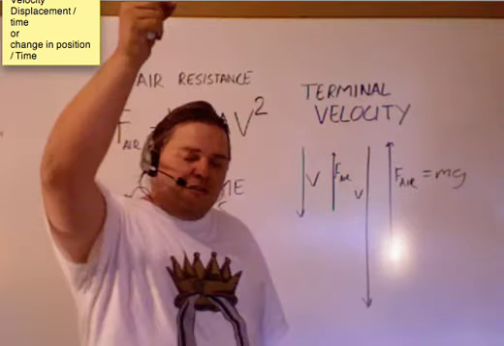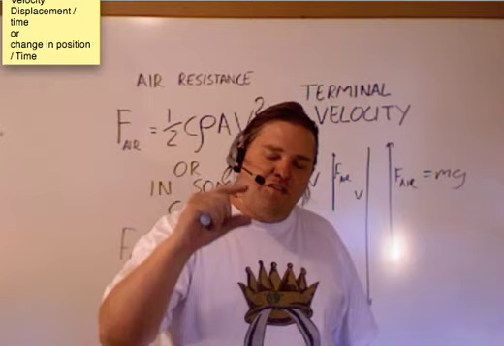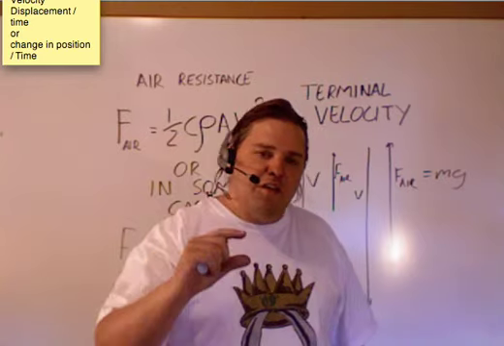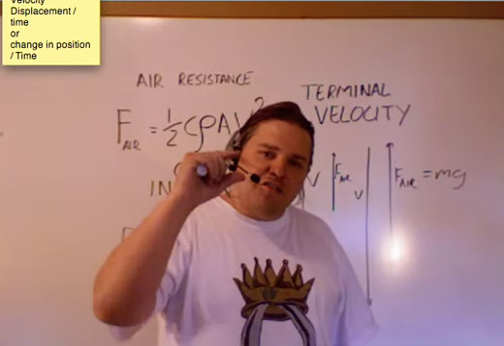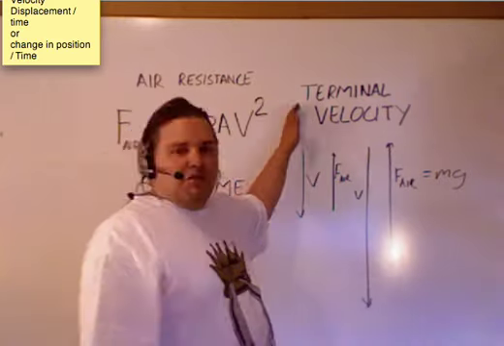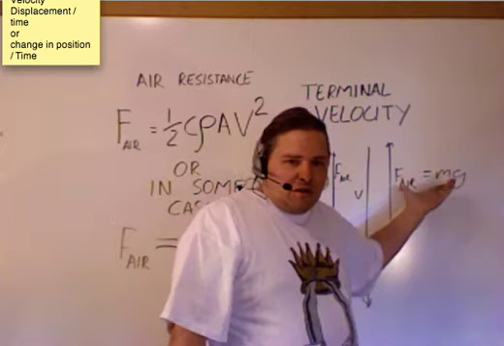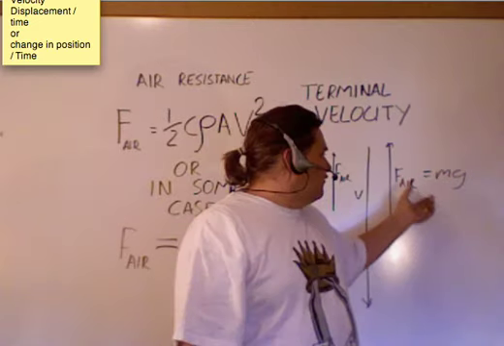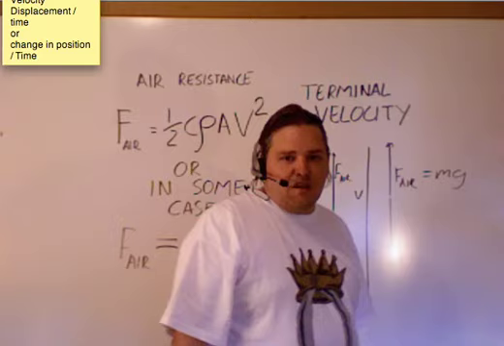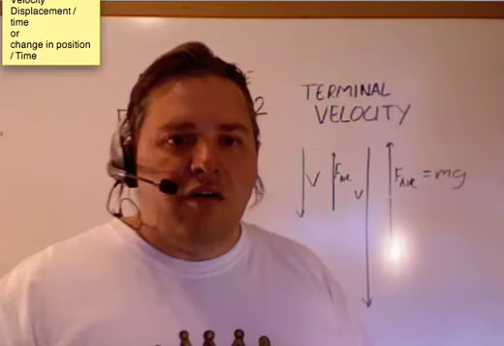So every second that an object falls, the acceleration of that object keeps getting smaller and smaller until it reaches terminal velocity. And at that point, the object no longer experiences an acceleration, and the force of the air resistance is actually equal to the weight of that object. Okay? That is air resistance.